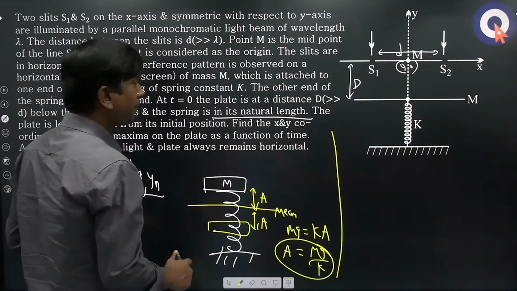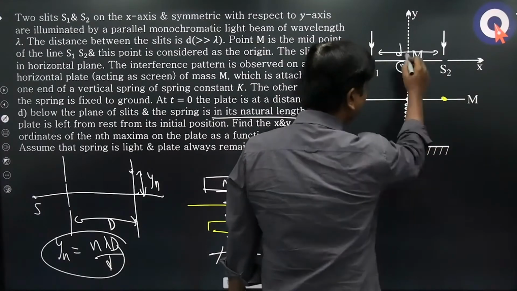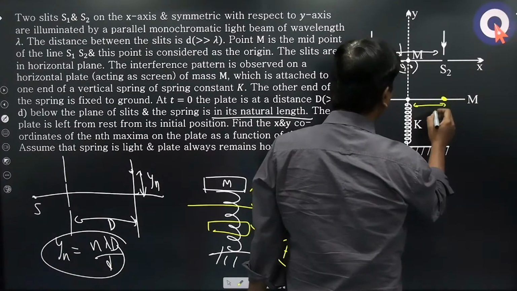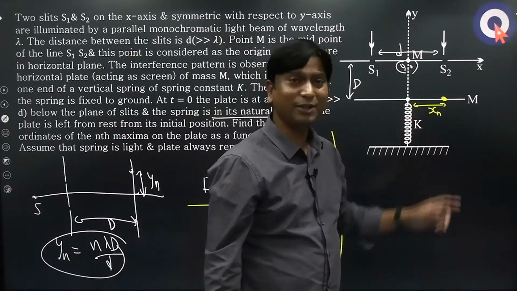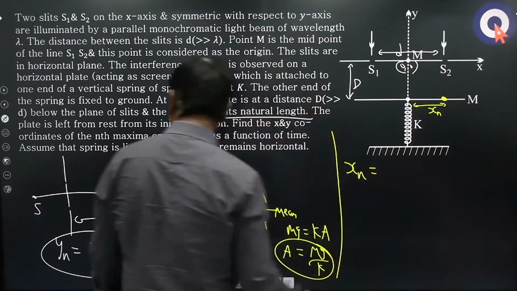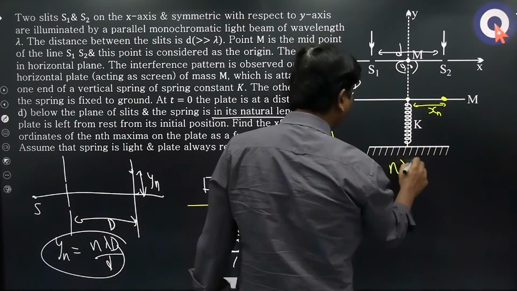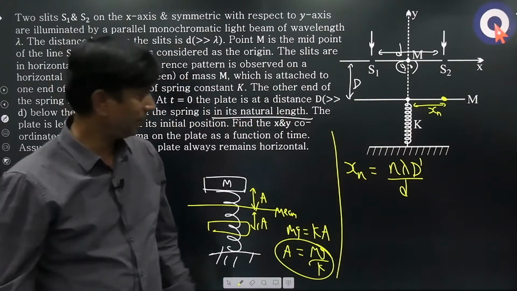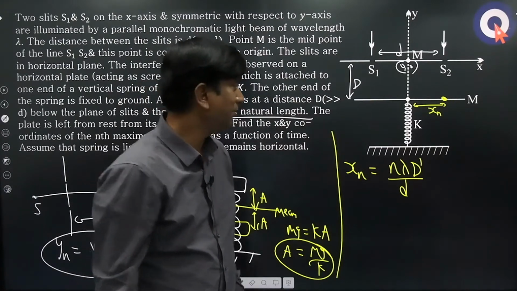Suppose here you are having the nth maxima from this center, what you are locating. So this you can call xn, because the nth maxima you are taking in this direction. So xn is equal to, according to the formula, n lambda capital D by small d, but capital D keeps on varying, so n lambda D prime by small d. Same formula, position of the nth maxima from the central maxima.